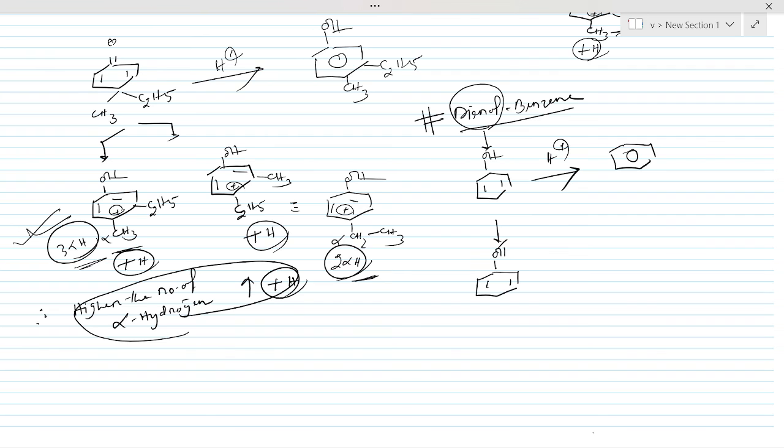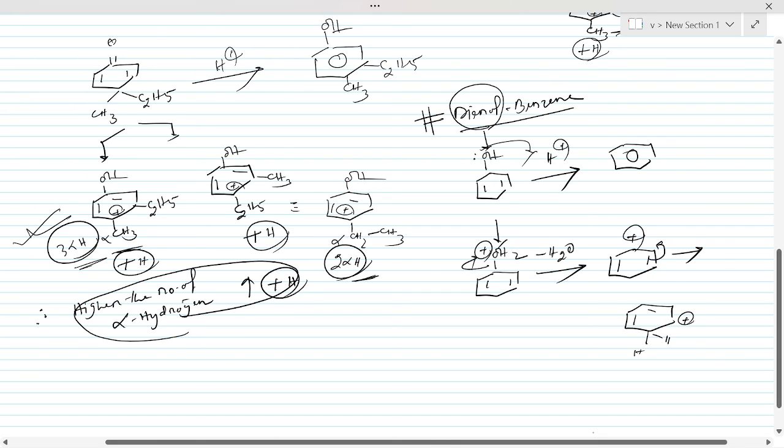Initially the OH accepts that proton, and we know that water is a good leaving group. It will leave, minus H2O, generating a carbocation here. Now this double bond will shift to the next carbon, generating the carbocation here.